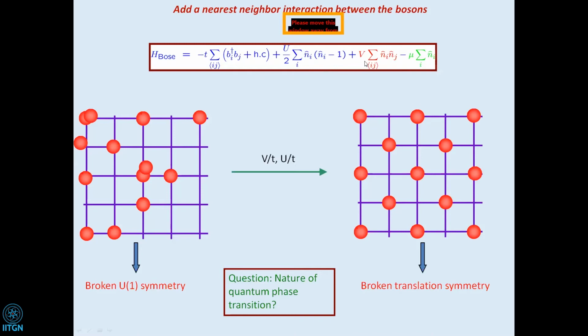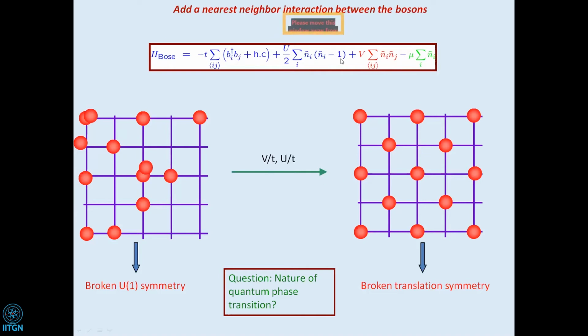But you could also put in an interaction V, which means there is a repulsion between bosons at neighboring sites. Now, if you are at half filling and in a Mott state, this is a superfluid state where there is a distribution of boson numbers at every site, and this is of course a random picture.